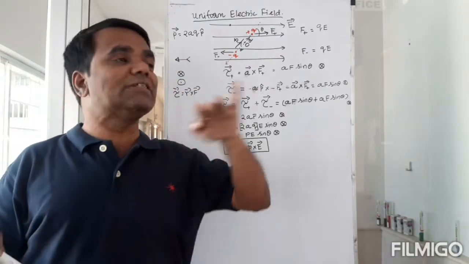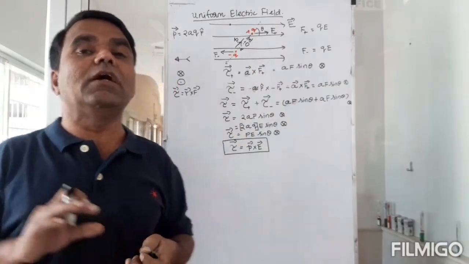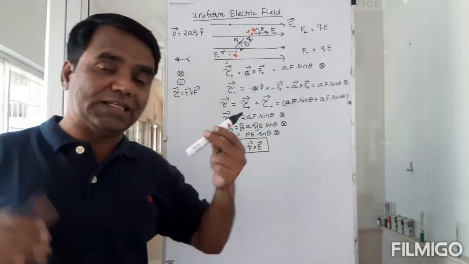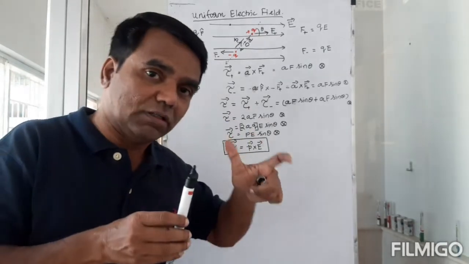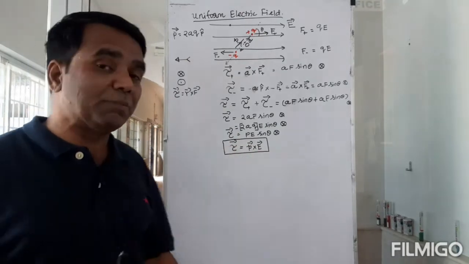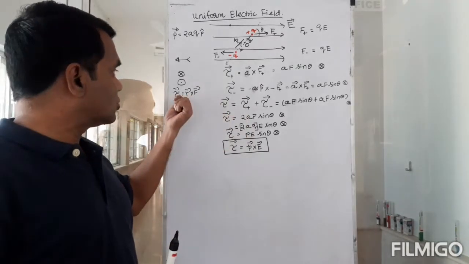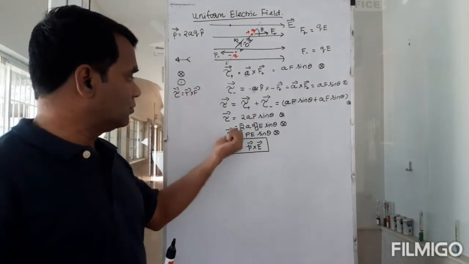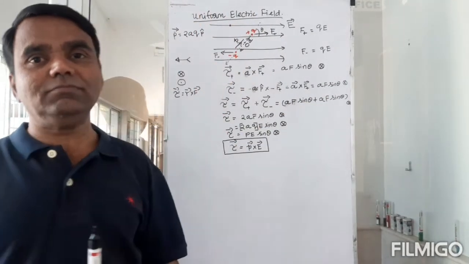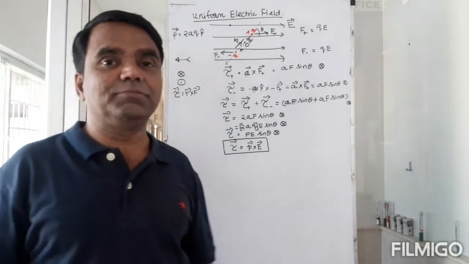But supposing that it is maintaining a uniform electric field in the space, then if I keep a dipole in that field, it's going to experience a torque, and the value of the torque can be given by this expression: tau is equal to P cross E. So you move from torque equals R cross F to P cross E for this dipole in this setting. I hope you understand this.